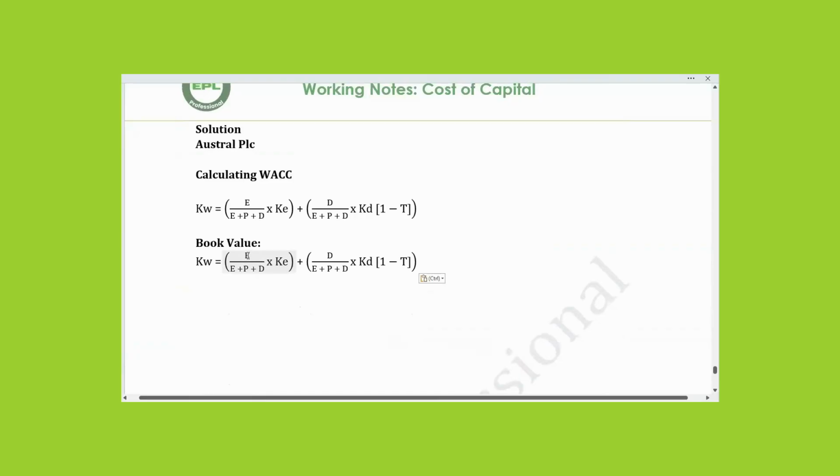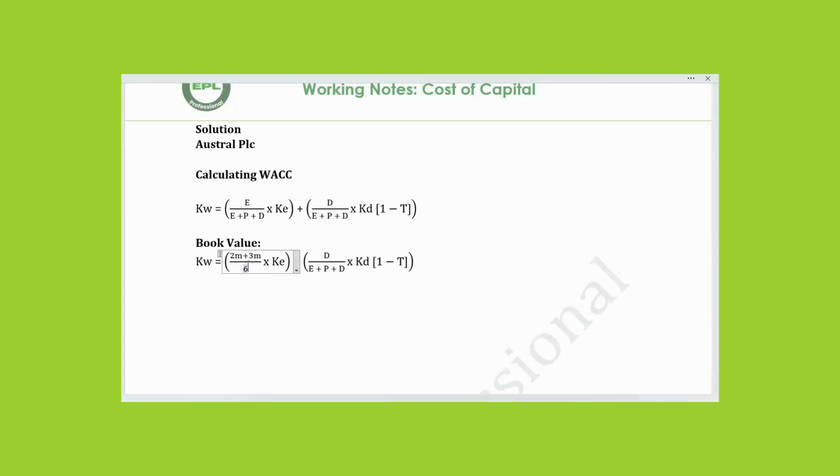So I will then come here, equity is equal to, for the purpose of this class, let me break it down, 2 million. Let's restrict our numbers to millions. 2 million plus reserves of 3 million. Then divided by the total. The total capital is 6 million. Multiplied by the cost of equity.